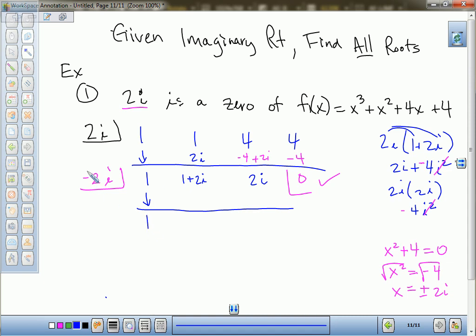Okay, we're going to bring down the 1. We're going to multiply. And this is this next step. Once you divide by an imaginary number and its conjugate, your imaginaries will disappear. So, there they go. They're starting to go away. And then this times this makes negative. And we finish it off.